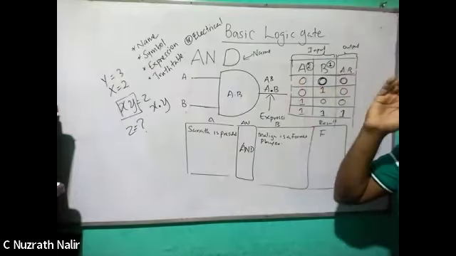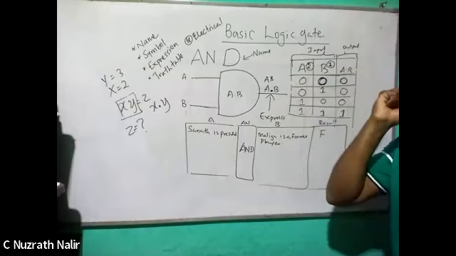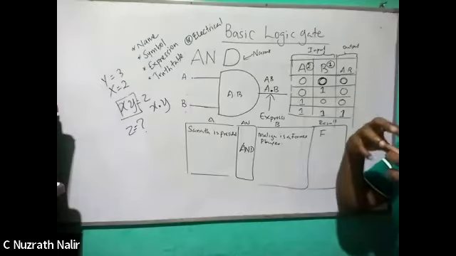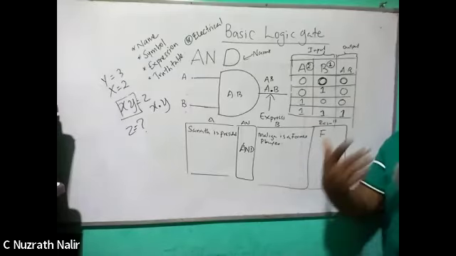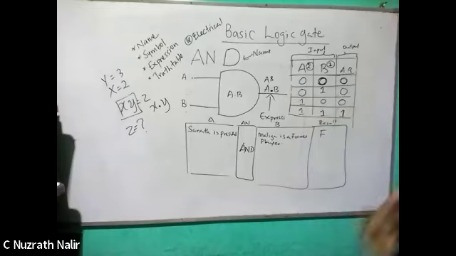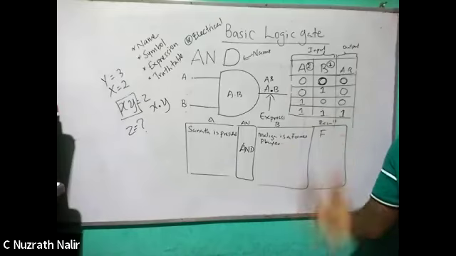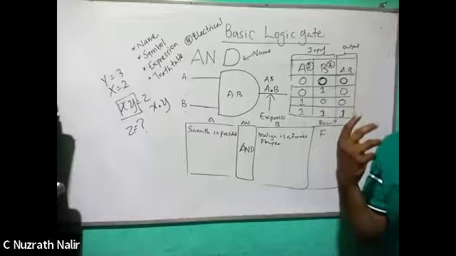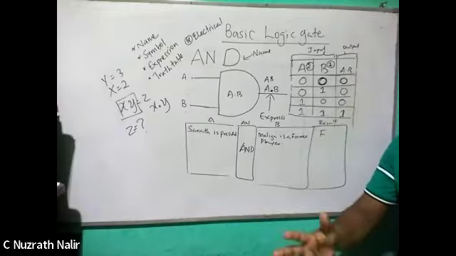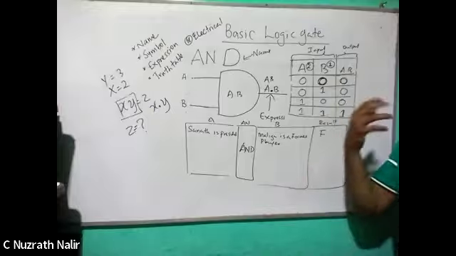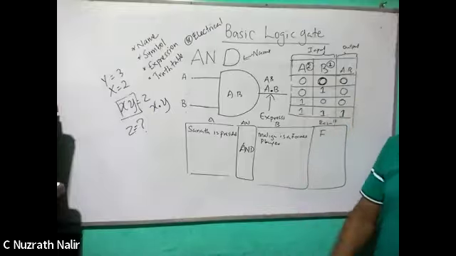Multiply, product, times, how many times? A times B. Simple definitions. Don't think this is difficult, it's an easy, logical one.